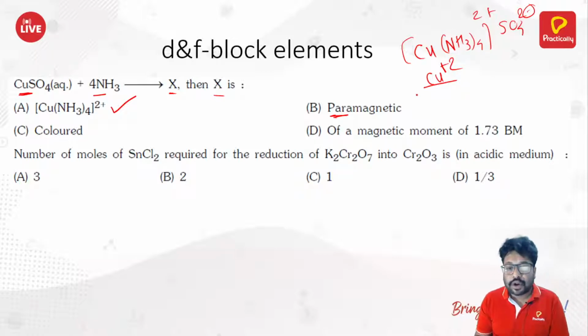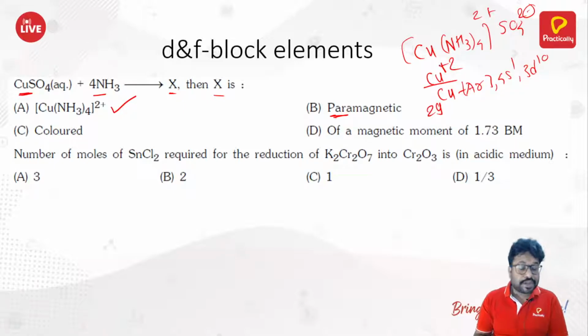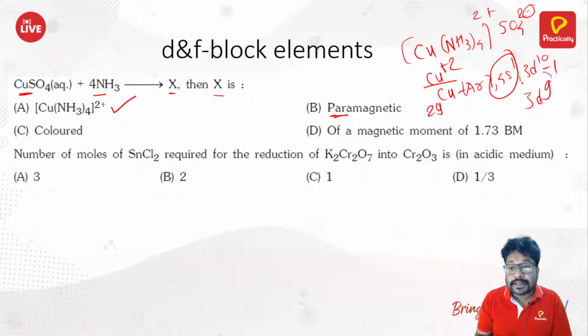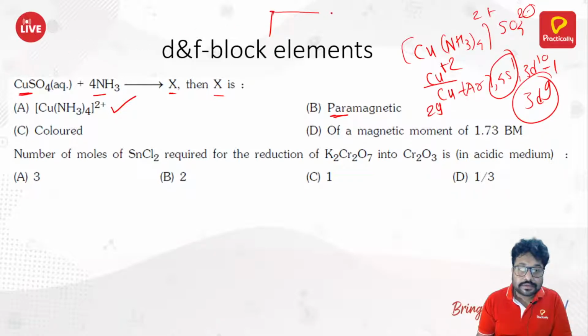What is the atomic number of copper? It's 29, right? Electronic configuration, argon 4s1 3d10. Now it's +2, that means you're losing 2 electrons. So 1 electron from s goes, 1 electron from d goes. You are a d9 system. And in d9 system, how do you arrange the 9 electrons?